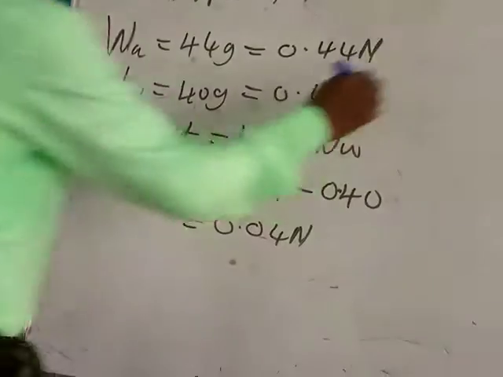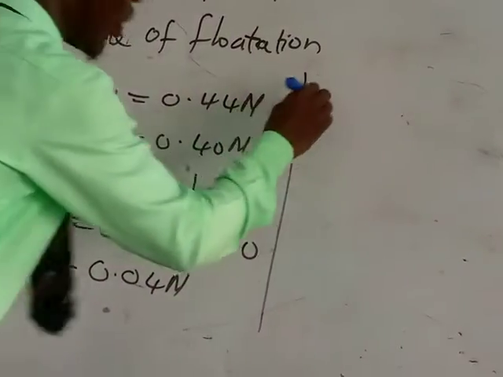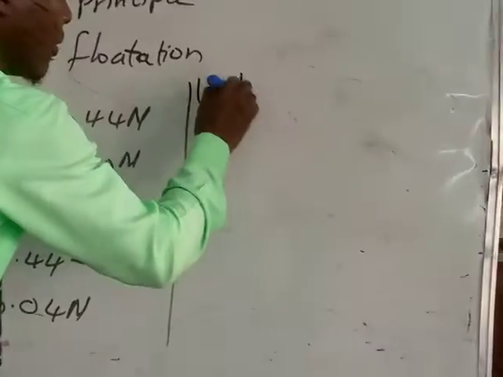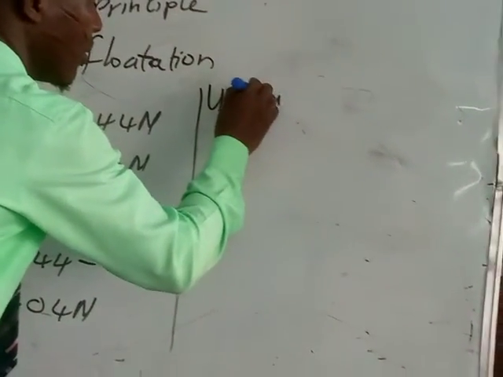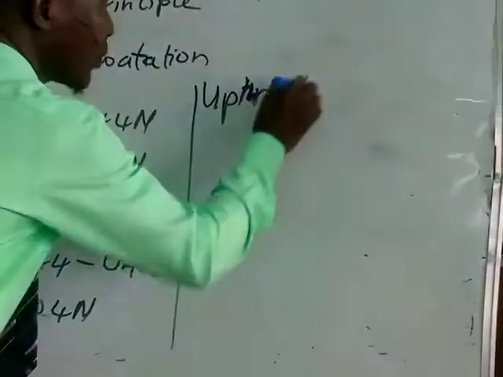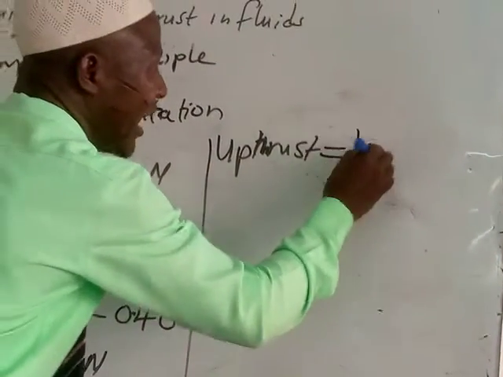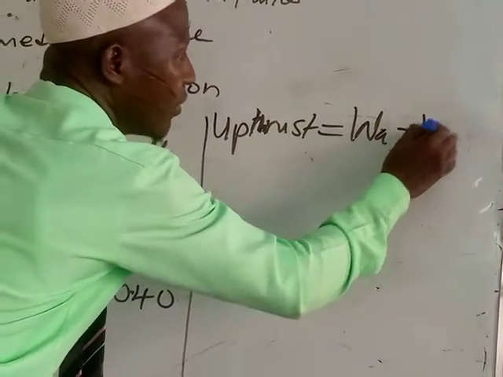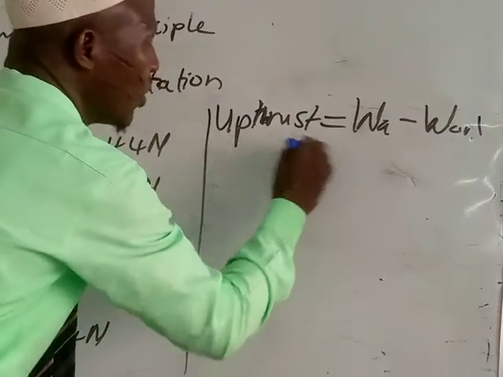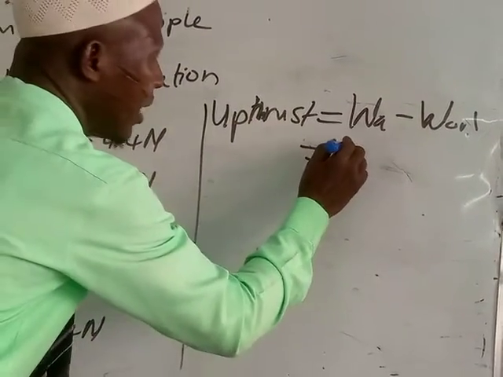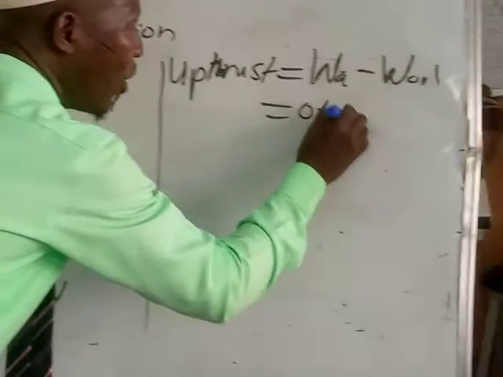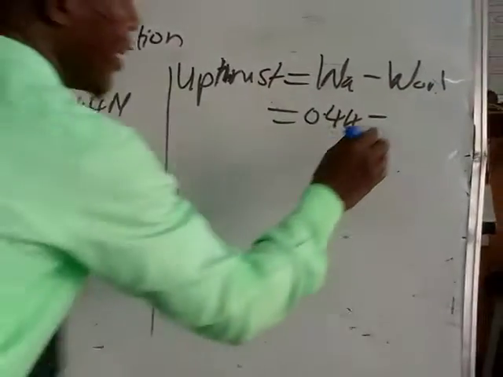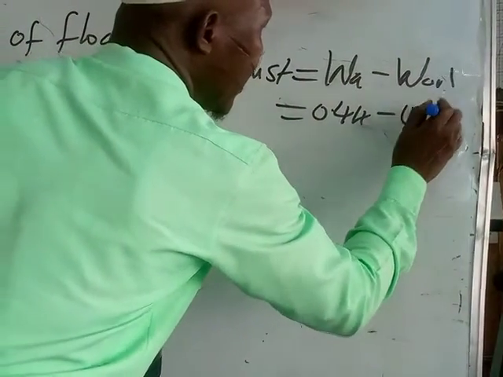Therefore, the upthrust in oil will be weight in air as well minus weight in oil, which is equal to 0.44 Newton minus 0.32.